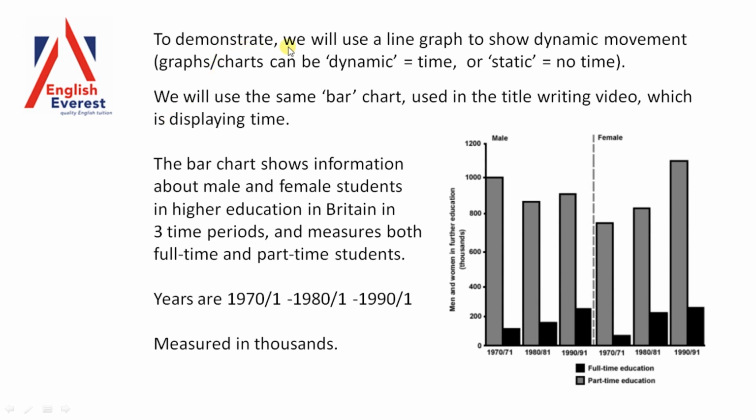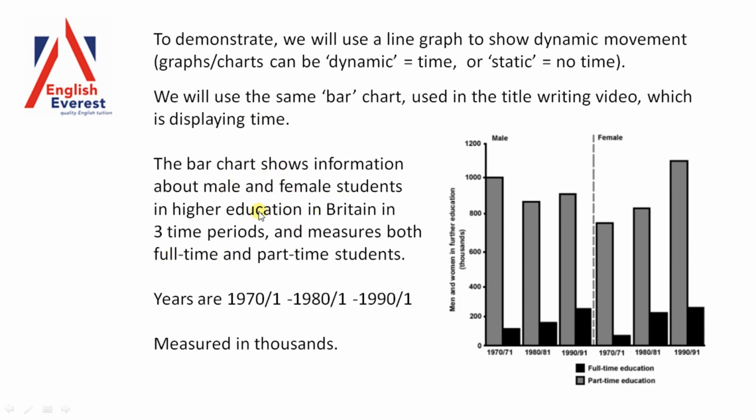Okay, to demonstrate we're going to use a line graph. It's actually a bar chart, but it has dynamic data because it's time based. We'll use the same bar chart that we used in the previous video, the title writing video, which is displaying time. So here is what the chart is showing.